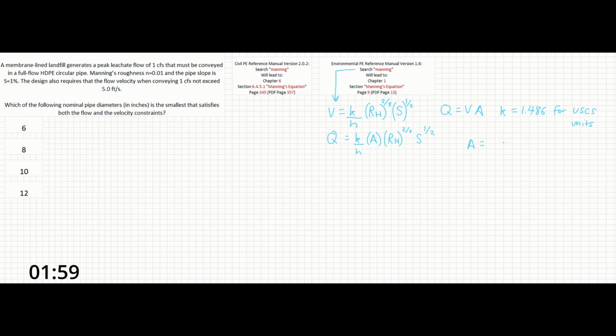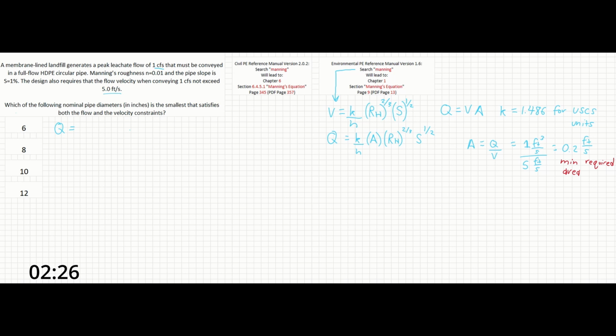Furthermore, we can identify what the minimum required cross-sectional area would be for this problem if we divide the peak leachate flow of 1 CFS by the maximum allowable velocity of 5 feet per second. And as we can see here, the minimum required area of the pipe would be 0.2 square feet.